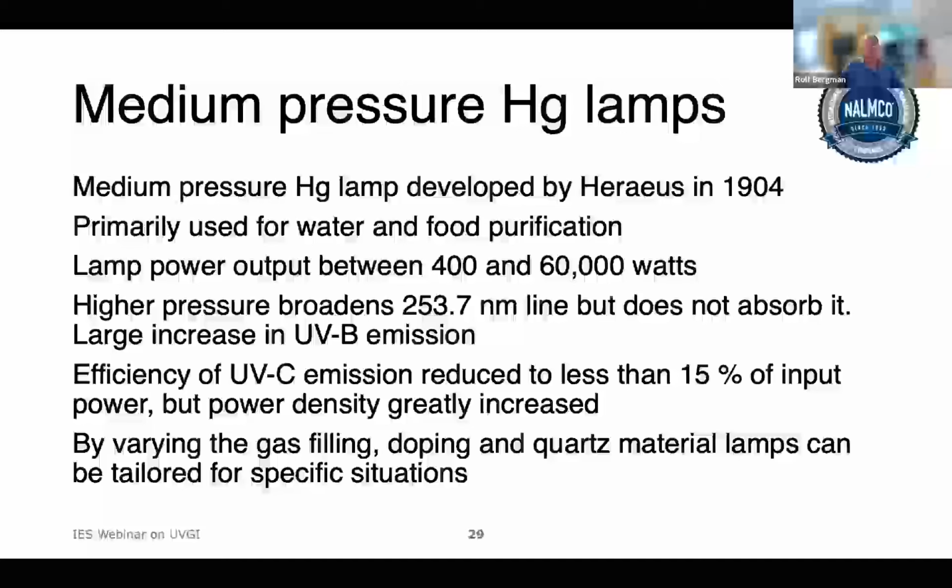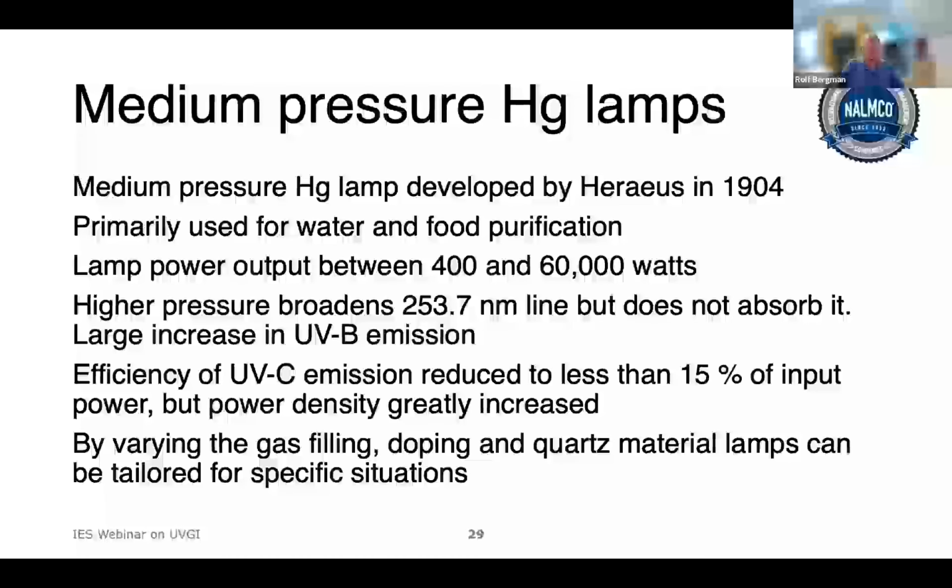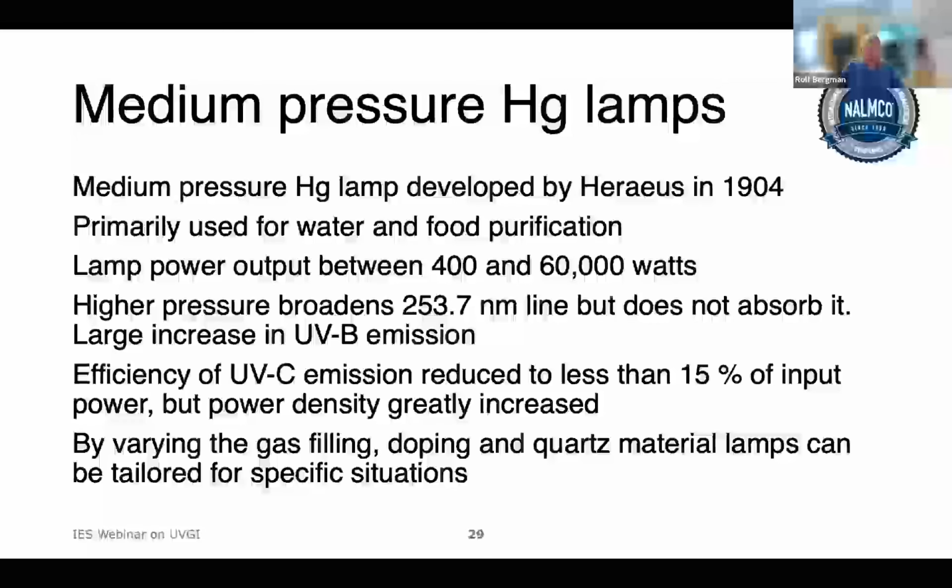So both types of mercury lamps are used depending on how much power is needed, what's the water throughput, and so forth. Also for food disinfection, medium pressure mercury lamps are used. And these are in chains of produce, for example, that you need to disinfect before it goes to market, between the farm and the market.